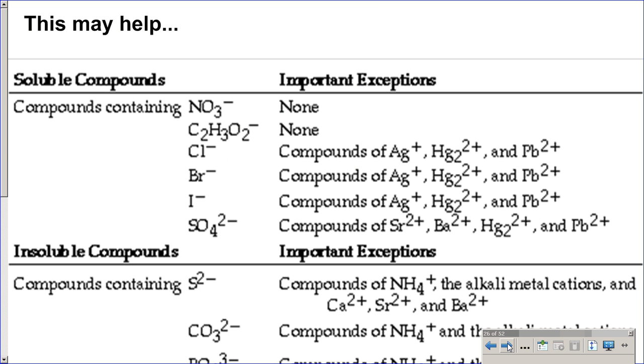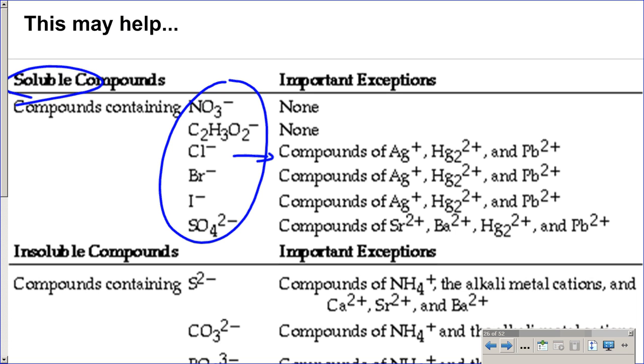Solubility rules. Notice lots of polyatomics. So basically what you'll do is you'll say, okay, I have a carbonate and a chloride that I'm dealing with. Chlorides, what's the rule for chlorides? They're always soluble except for lead, mercury, and silver.